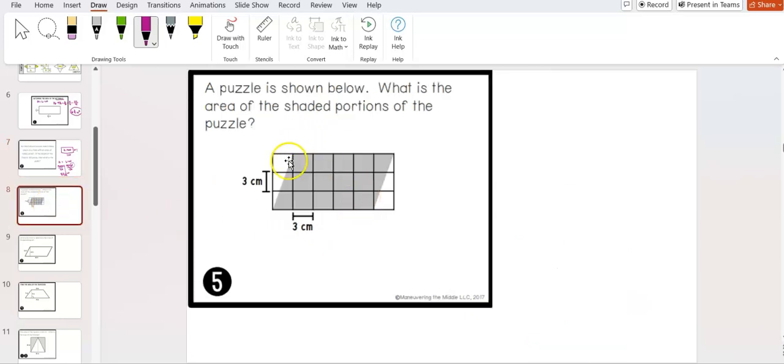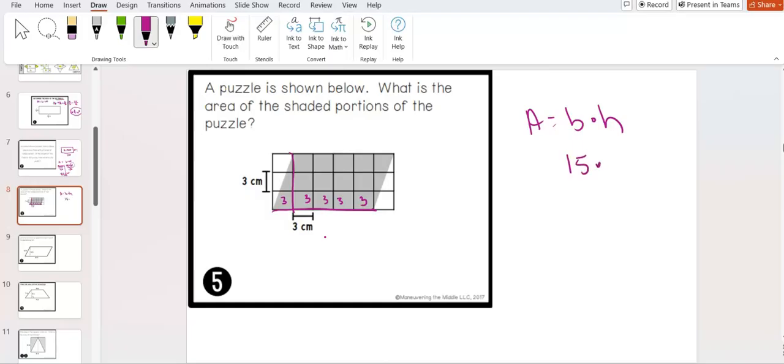All right, here is a parallelogram that we have to find the area of. Remember, the area of a parallelogram is still just base times height. Okay, this is my base, and this is my height. The problem is each one of these boxes is worth 3. So my base is not 5, it's 3 times 5, which is 15.